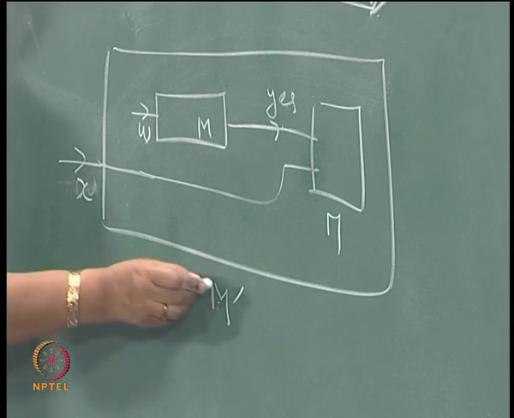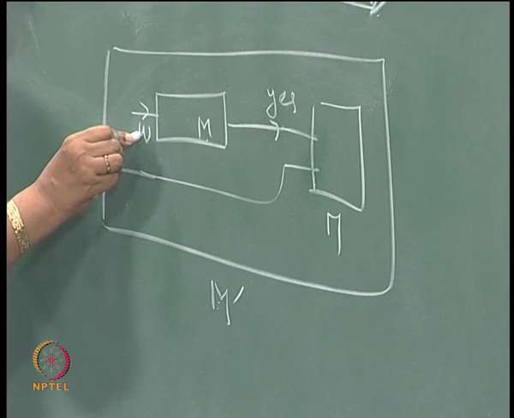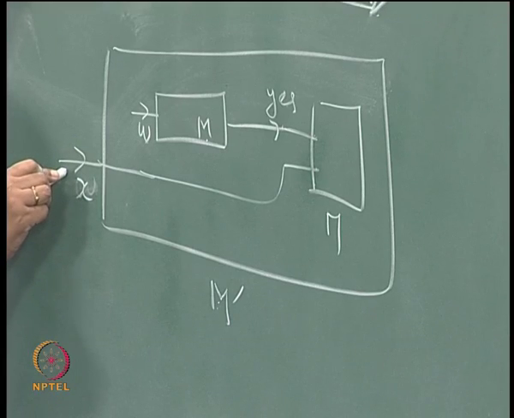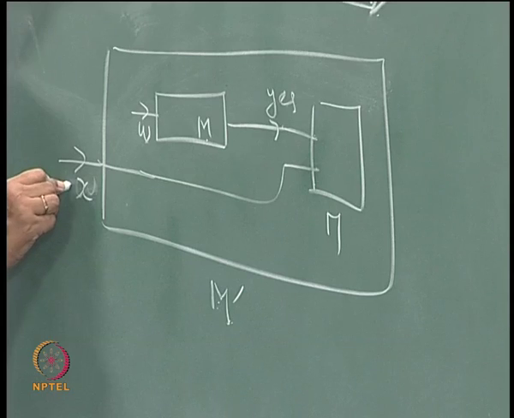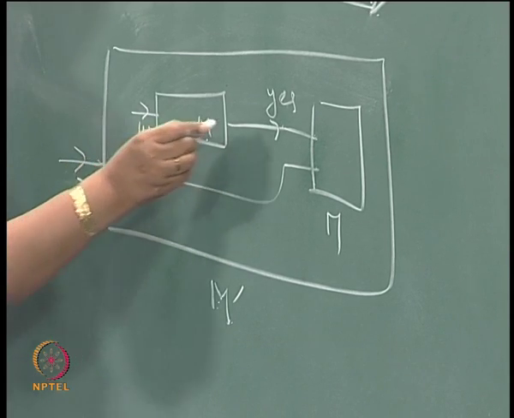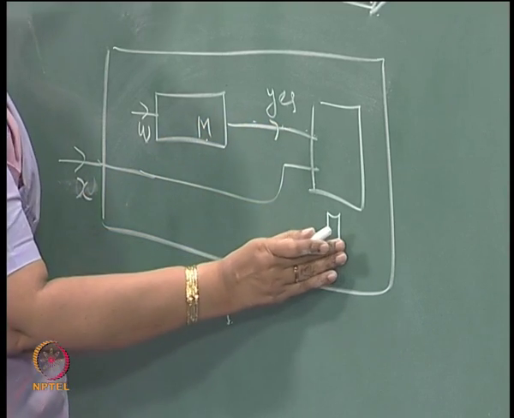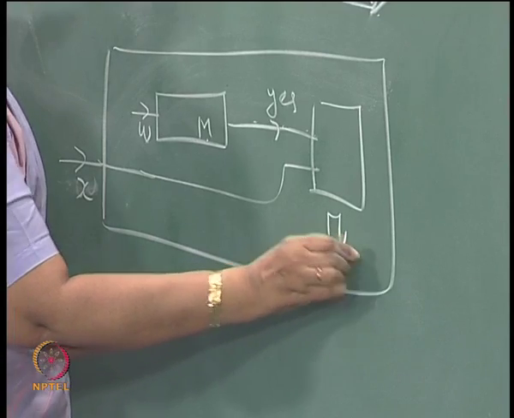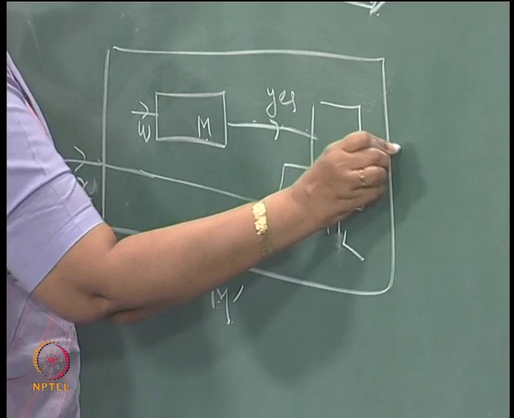What M dash will do is simulate the behavior of M on w. It will ignore the input x. For M dash the input is x, but it will ignore that and simulate M on w, and if the answer is yes, it will start ML.